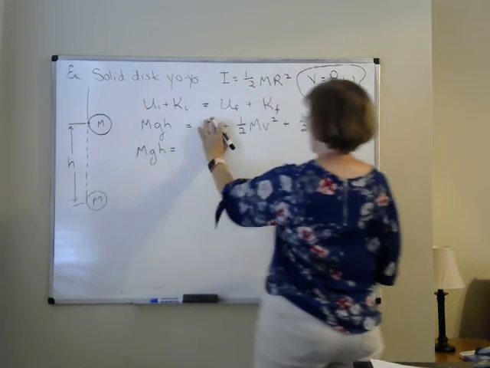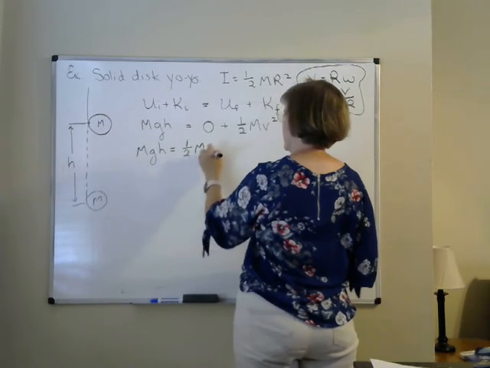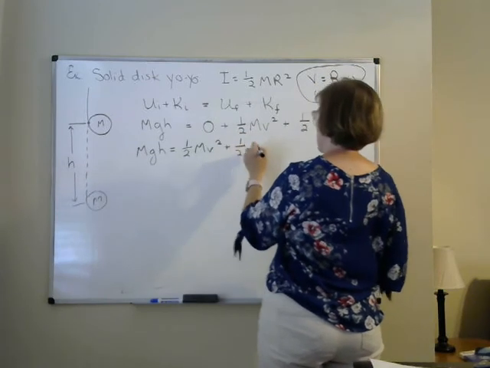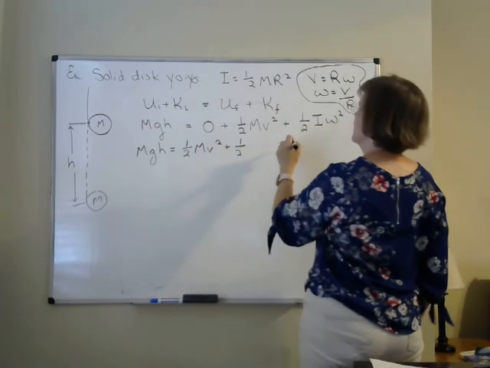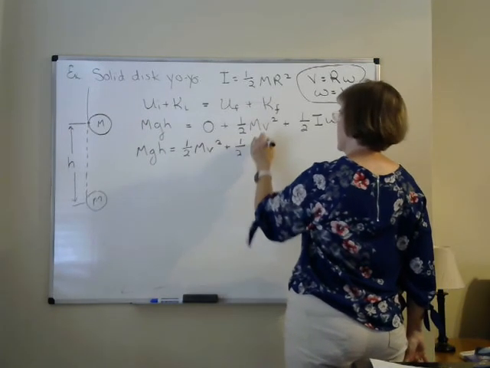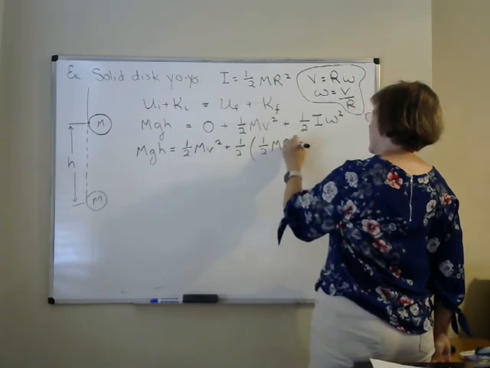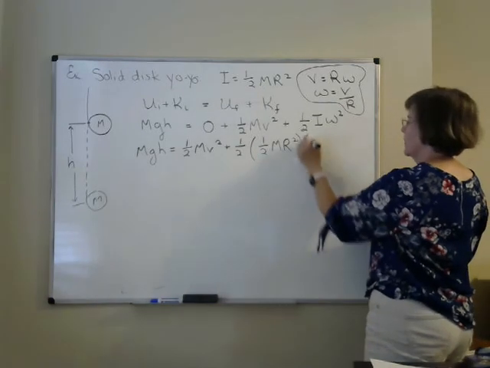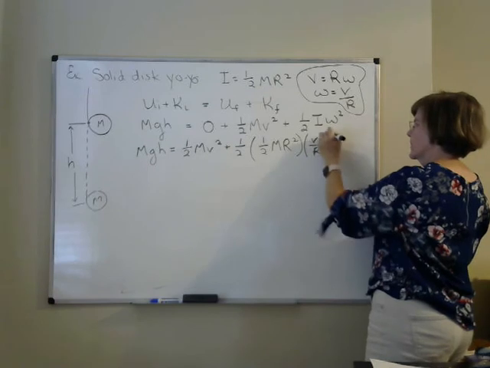This was 0. 1/2 mv squared, plus 1/2 I. Well, I is 1/2 mr squared times omega squared. Omega is v over r, squared.